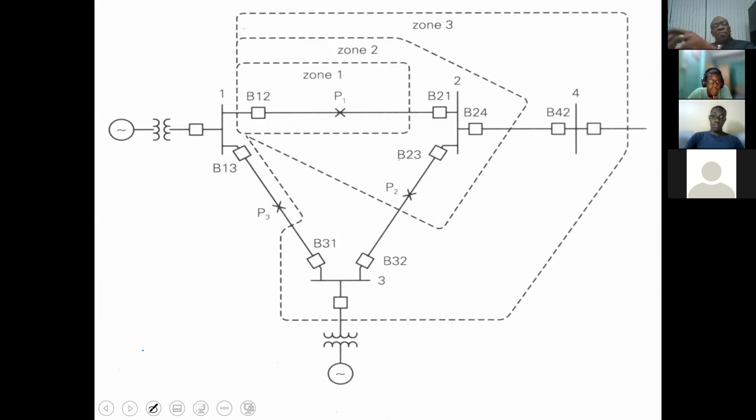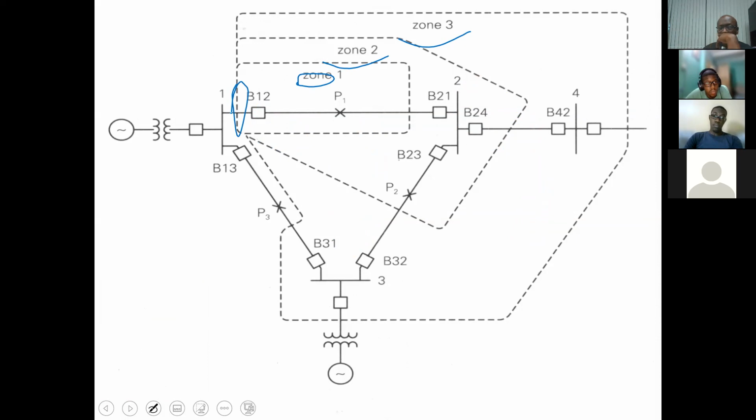And look at the beauty. These 3 boxes that you see highlighted as zone 1, zone 2, and zone 3, these are settings that we are going to put on the impedance relay, which is connected right here. If you note, all of them start from that point.